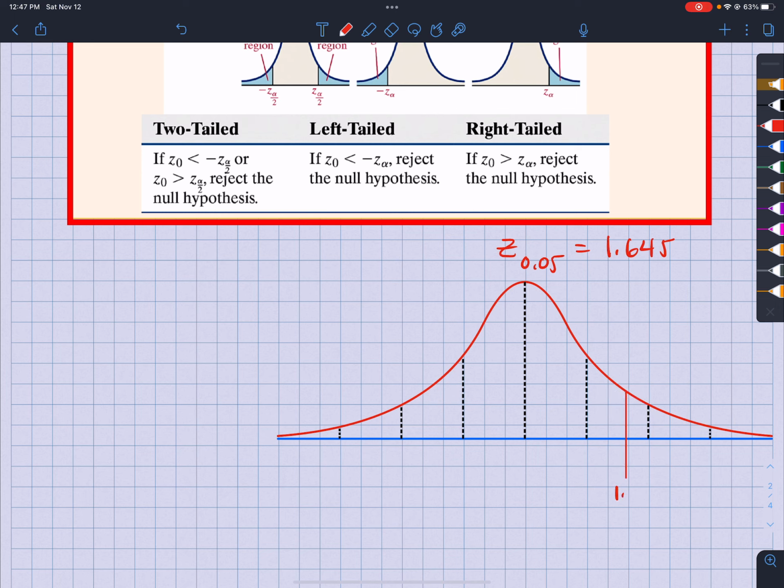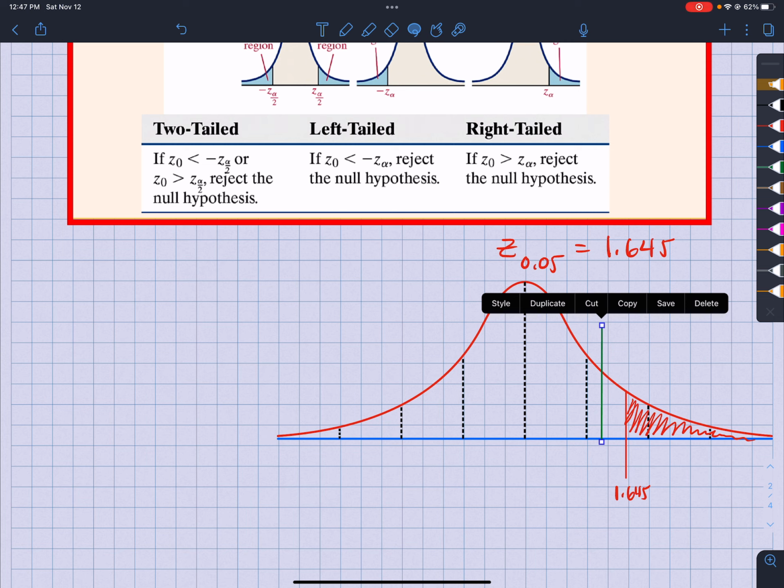Okay, this is 1.645. That means I'm all in here. Okay, so again, if I am here on this side of the red, I'm safe. I do not reject the null hypothesis. And I keep the null hypothesis. If I'm in here, I'm going to reject the null hypothesis.